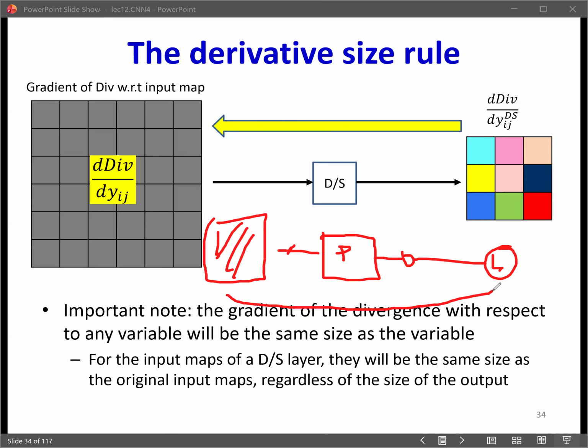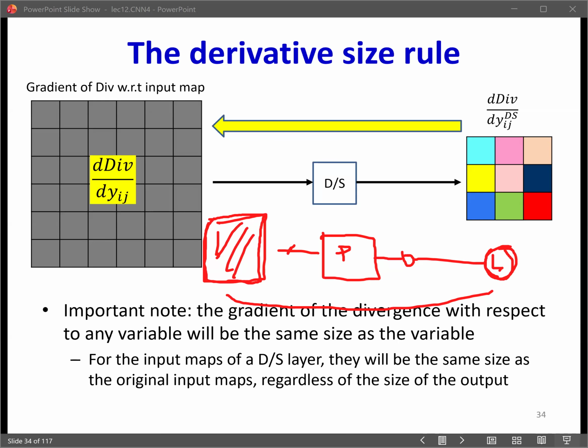That rule making sense to all of you? If you have these many elements involved in computing this loss, then this loss has a derivative with respect to every one of these elements. So the gradient, not the derivative, but the gradient, which is the transpose, must be the same size as the input itself. That makes sense to everybody?